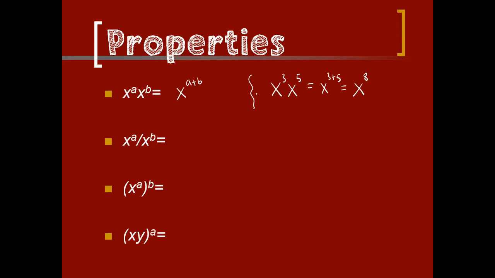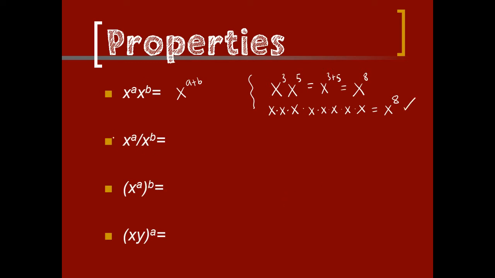The reason this is true is that x to the power of 3 means you literally have 3 x's, so I'm doing x times x times x times 5 x's: 1, 2, 3, 4, 5. So you have 1, 2, 3, 4, 5, 6, 7, 8 x's. But if you multiply something by itself 8 times, it's the same thing as raising it to the 8th power. So that's why it is true.